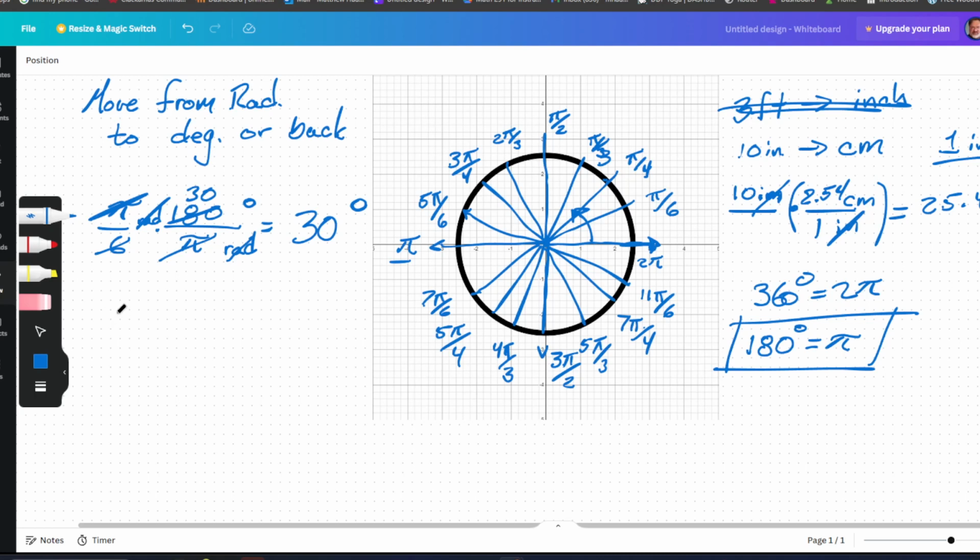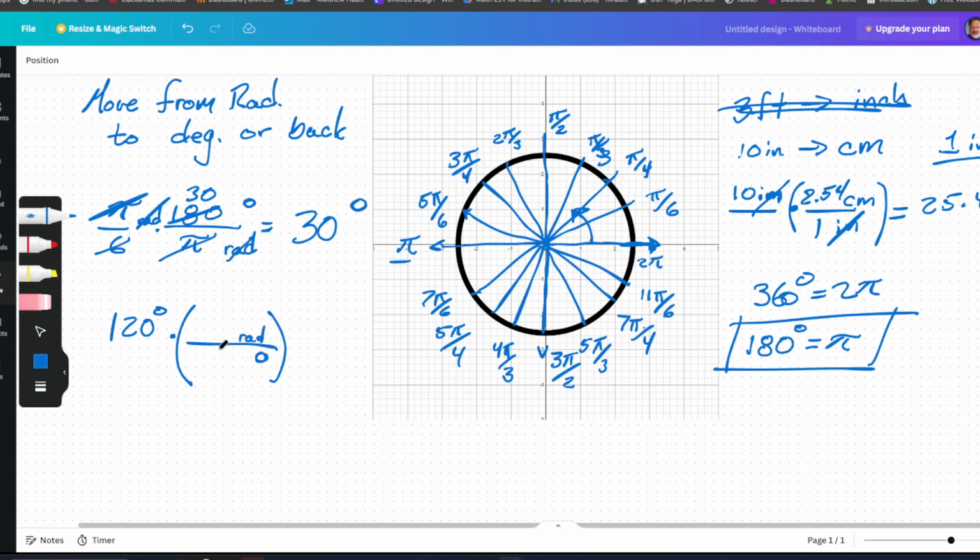Similarly, you can go the other way if you wanted to know what, say, 120 degrees, let's start with nice ones, was in radian measure. We're going to do the same thing. We're going to want to get rid of degrees, so that's going to go on the bottom so they cancel, and introduce radians.